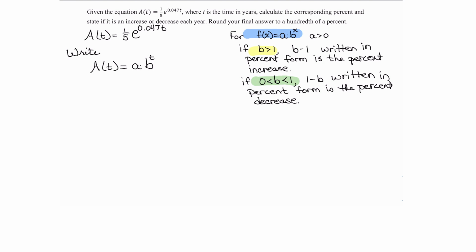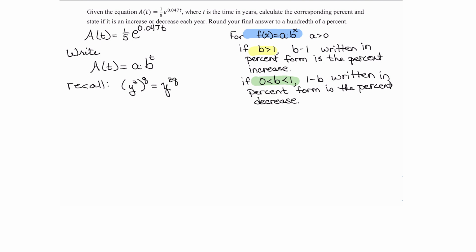Remember from properties of exponents that when we have an exponential expression to yet another power, so let's say we have y to the z power to the q, then we would keep the base and multiply the exponents.